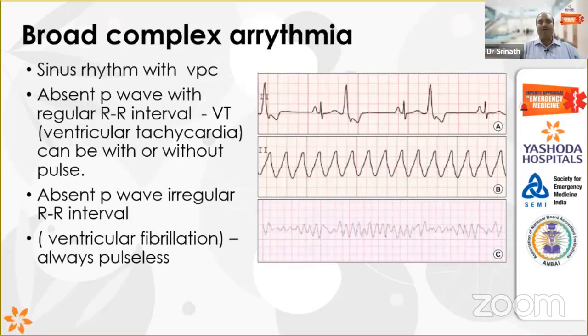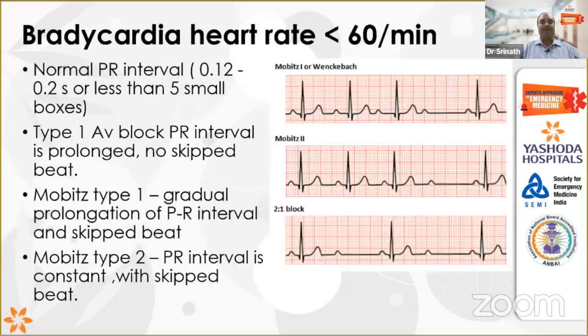Now, bradycardia, as I mentioned, can be a simple sinus bradycardia. If you see a gym person or a runner, his heart rate is usually low. That doesn't mean that he's having bradyarrhythmia, because you have to watch for the P wave, QRS complex, and whether the RR interval is normal or abnormal.